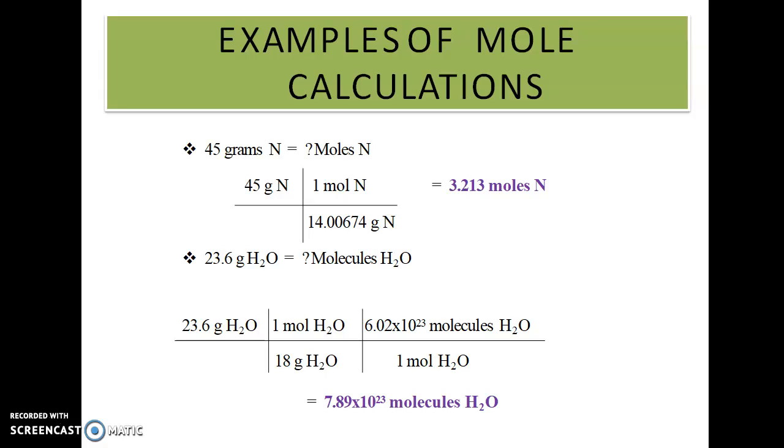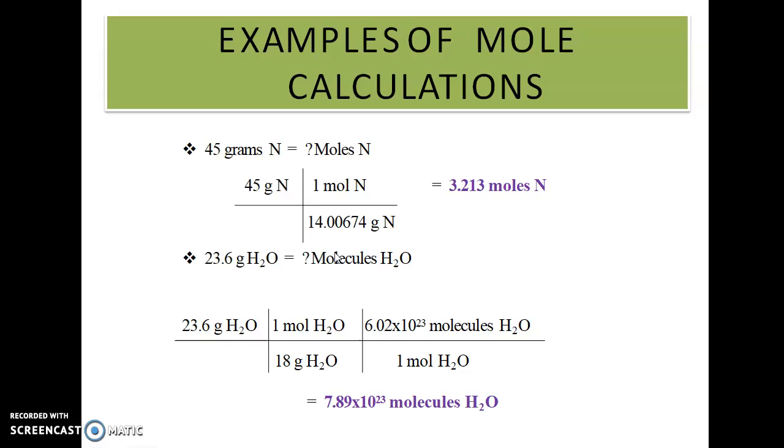Nitrogen has a molar mass of 14, so you divide by 14. So 45 upon 14 comes out to be 3.213.